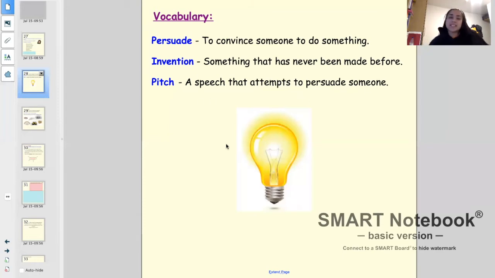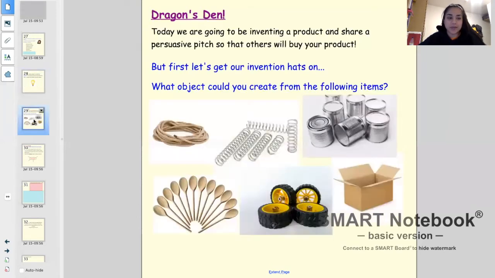So from these three key vocabulary words that we have today, can you maybe pause the screen and have a think about what your main task today is going to be? Okay, keep that in mind, and we will go through something later on just to see if you got that right.